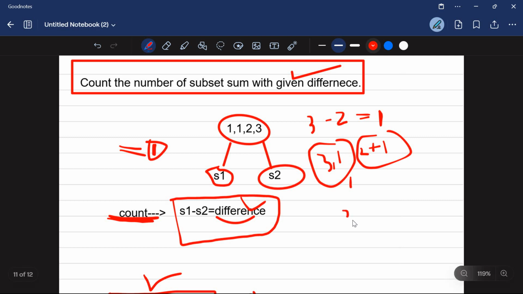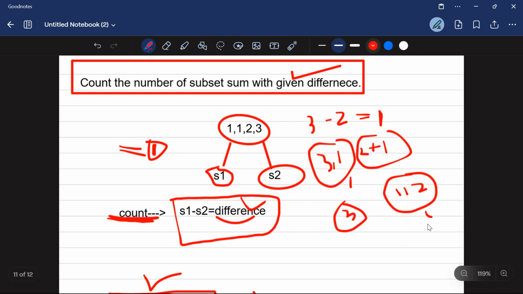If I take 3 here and 1, 2 here, its total sum is 4, the other total sum is 3.